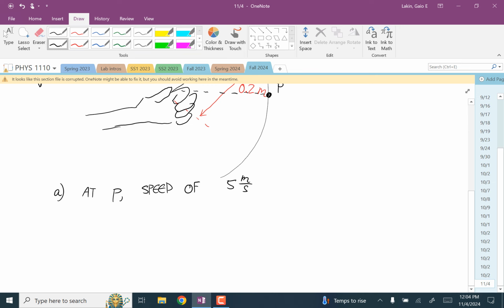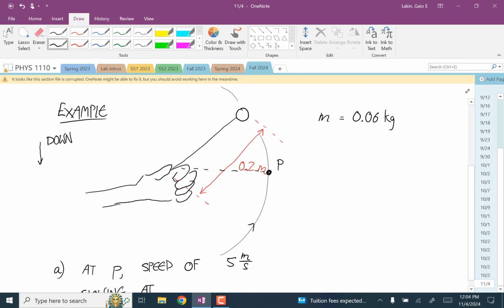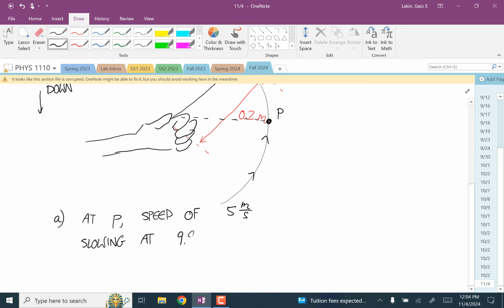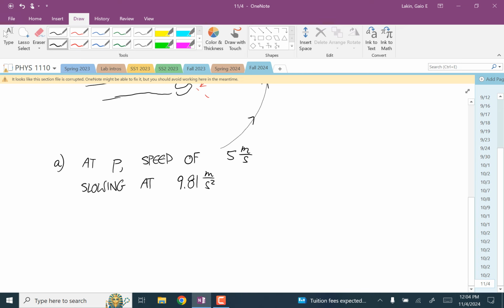We're given that it's slowing down at that instant. It's on the way up, so it's going around the circle that way, and it's slowing down when it gets to P at a rate of 9.81 meters per second squared. Then we'll come back and do a couple of other cases, but let's do this one first. What we want to calculate is the tension in the string.